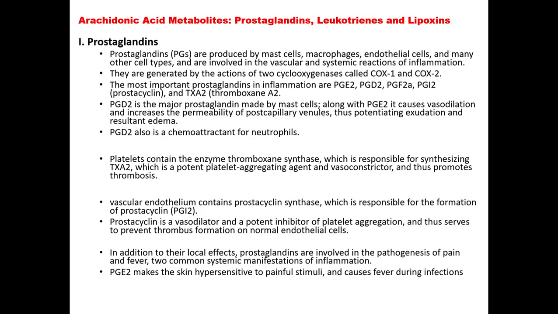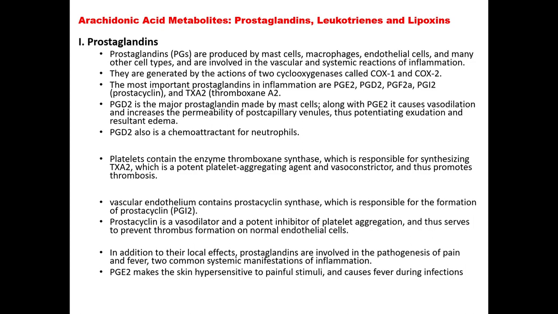So the prostaglandins are produced by the mast cell. نرجع نقول origin مالتها الماكروفاج الاندوثيليال cell and many other cell types. كلها هذه الarachidonic acid اللي موجود بال cell membrane لما يصير بي activation و release راح يعطينا بالend result prostaglandin and many other cell types, and they are involved in the vascular and systemic reaction of inflammation.